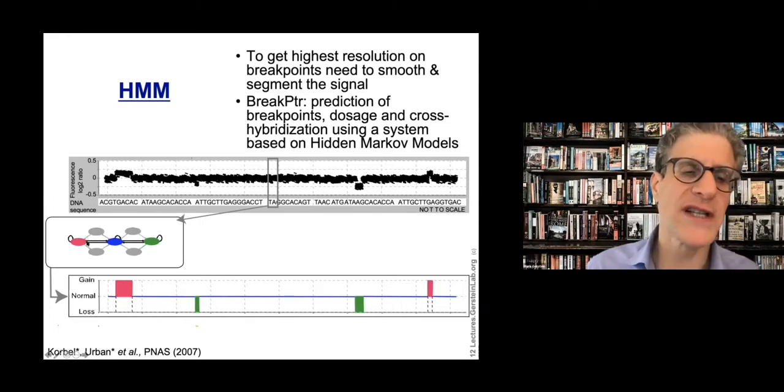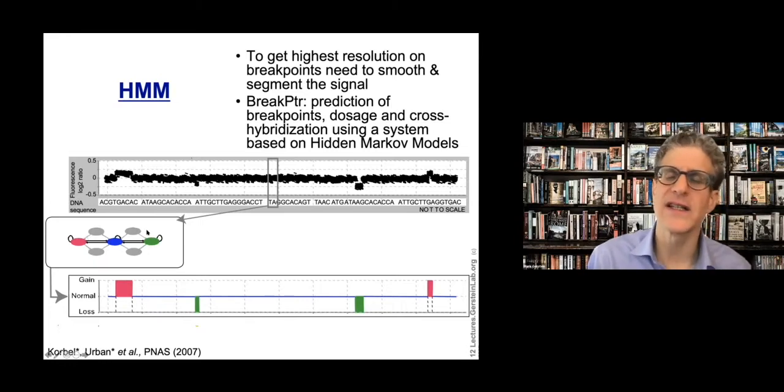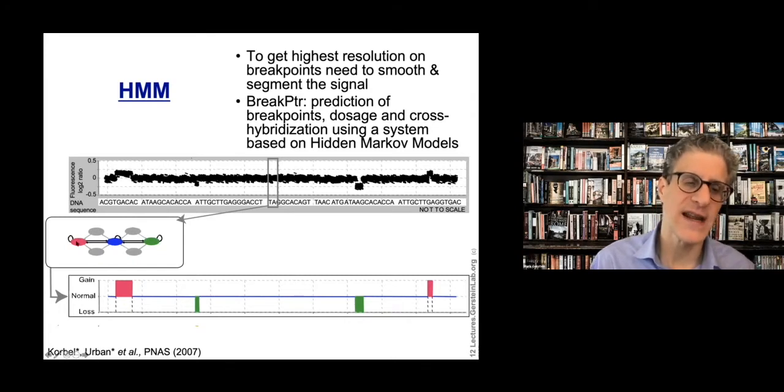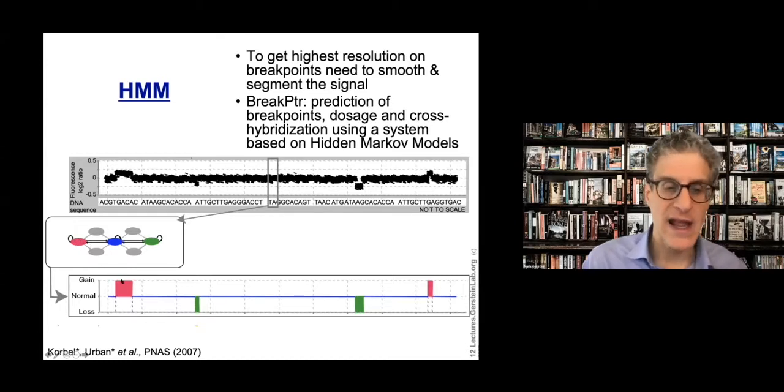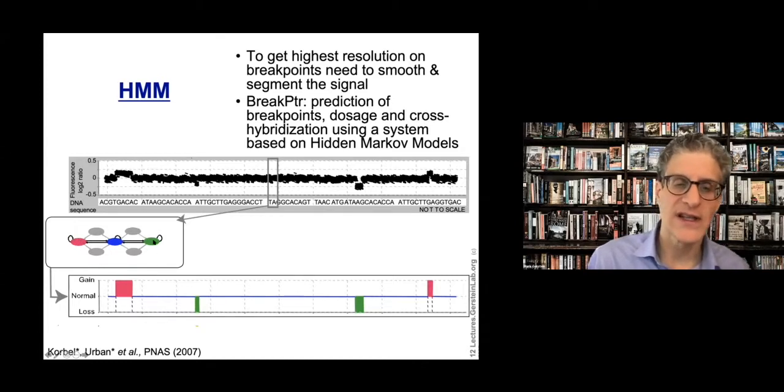Now you have a model, but this model doesn't emit sequences, it emits signals. You have a state that represents the normal diploid state, a state that maybe represents a lost state where you have a deletion, and a state in red which represents a gain state. This state would emit twice as much signal, this state would emit less signal, and this state would emit the amount of signal here.